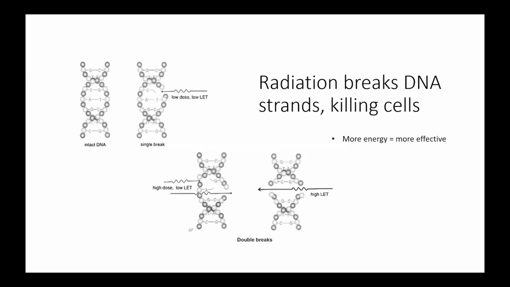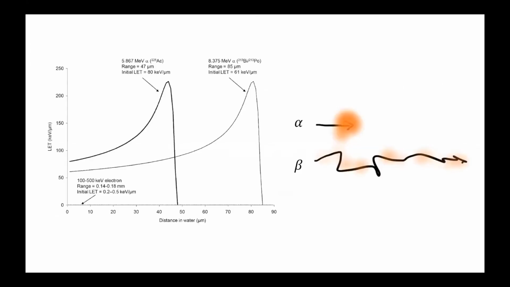The higher energy particles or radiation is more effective. But the problem is radiation doesn't really care if it's a cancer cell or a healthy cell. So the burden is on us to come up with a procedure that distinguishes between those two. Particle selection is one way that we can do this, and alpha particles solve both of these problems.